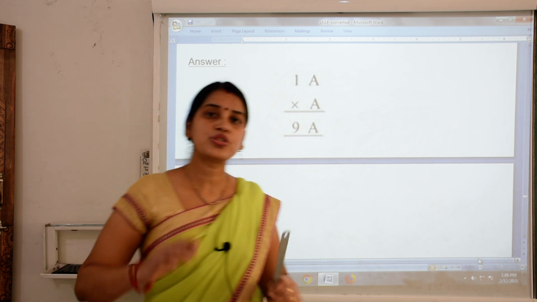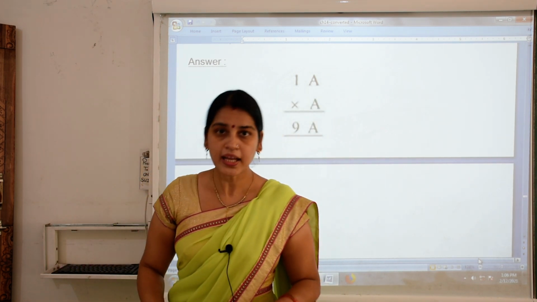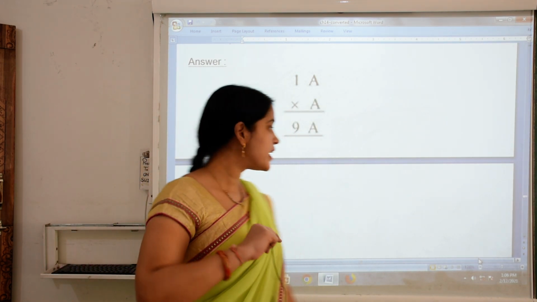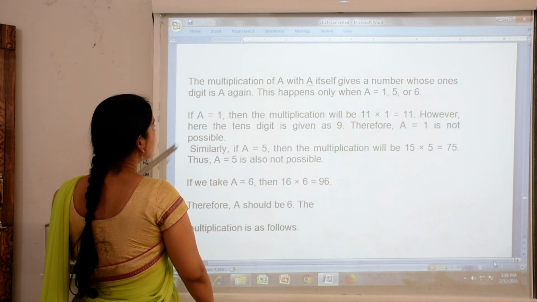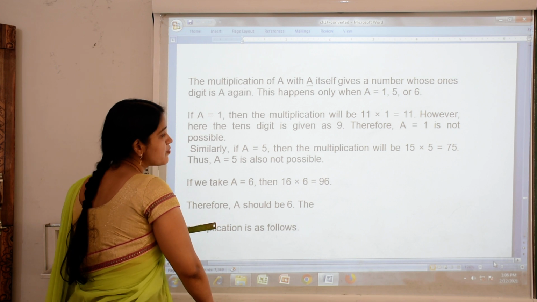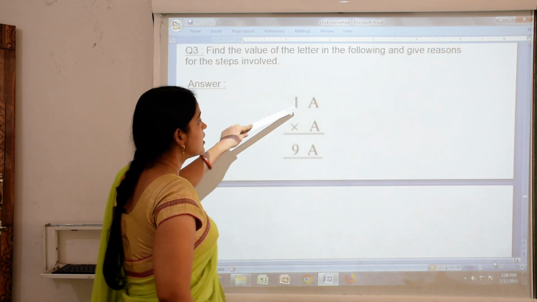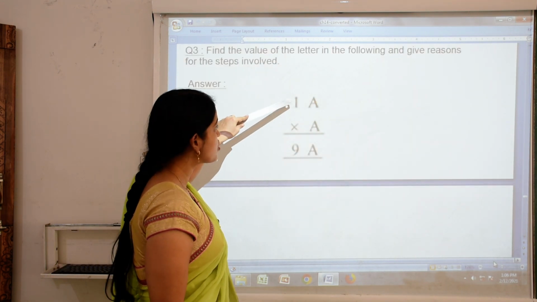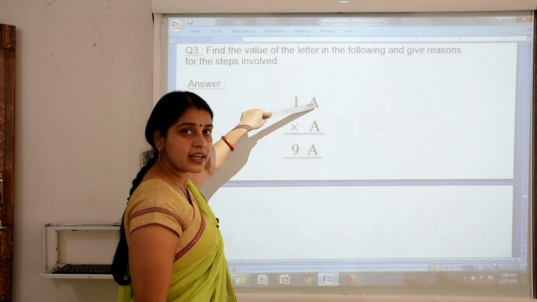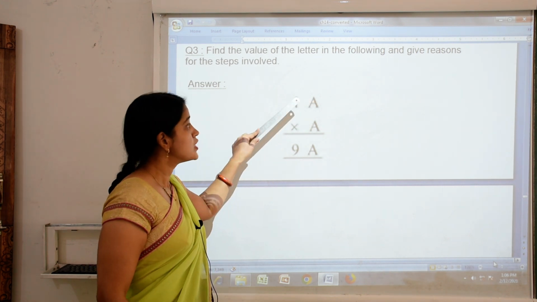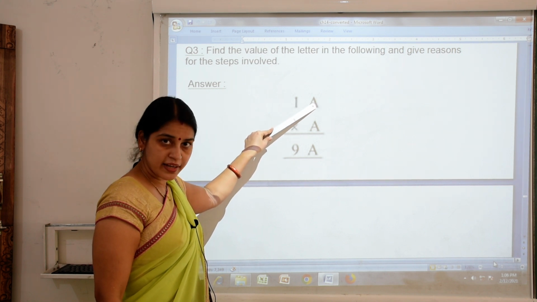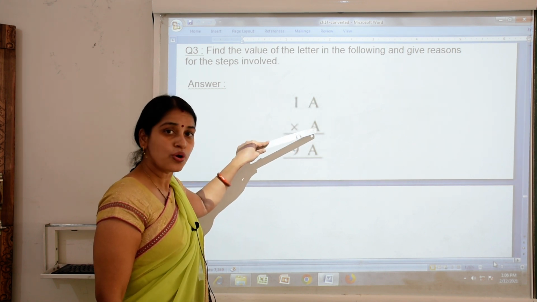So we have to check all 3 cases one by one. So first we check it by 1. If we suppose that a is 1, in that case here 1 is given, so here 1 and here again 1, because we suppose that a is 1.